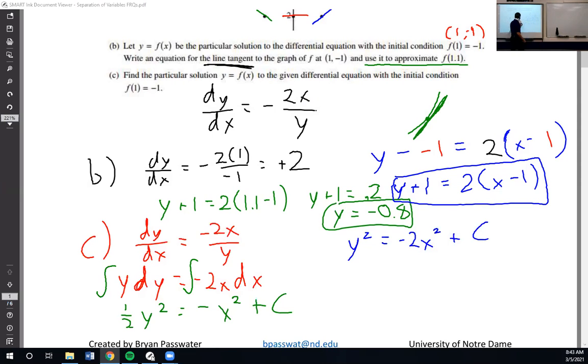Square root of both sides. We want a plus or minus there. And that's all underneath the square root.